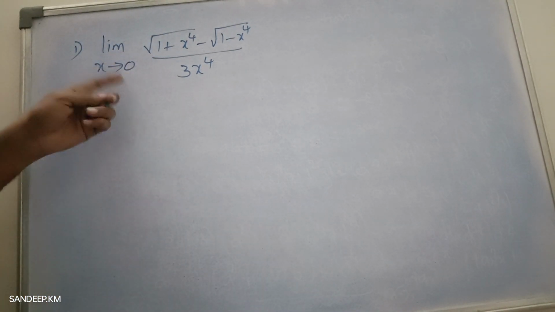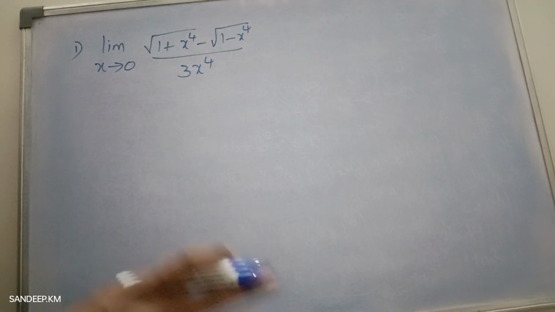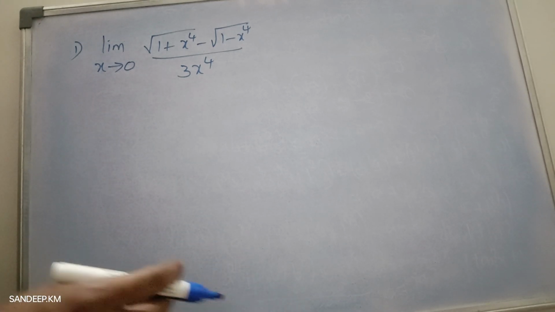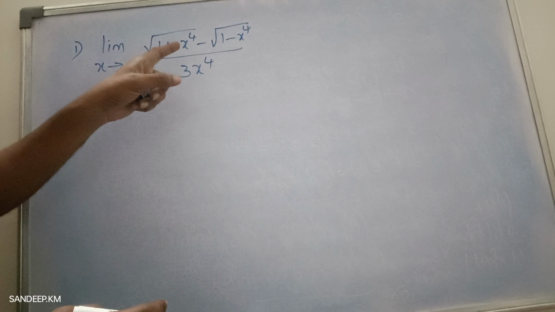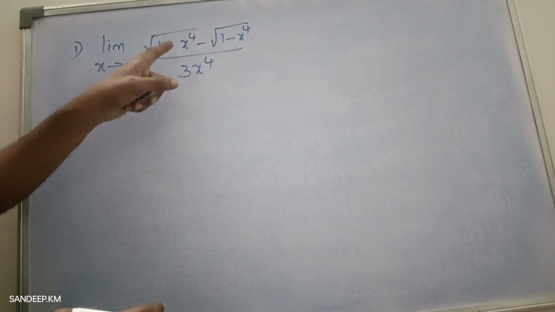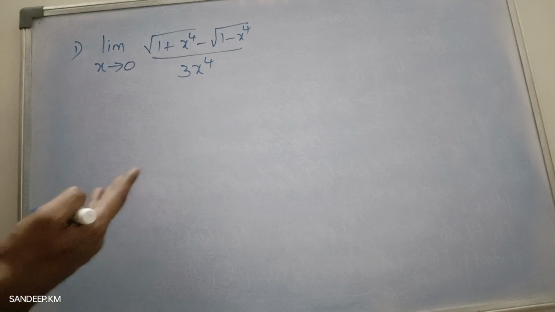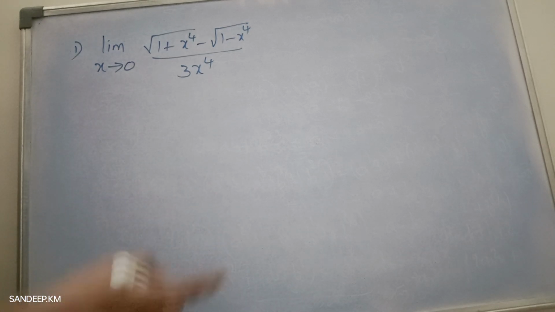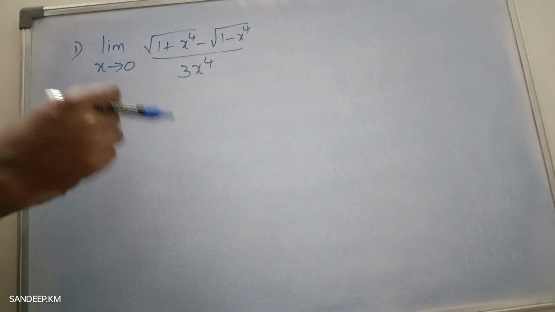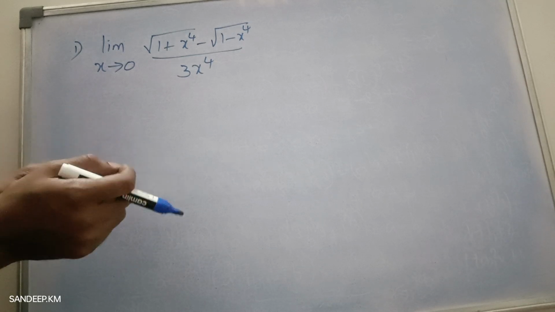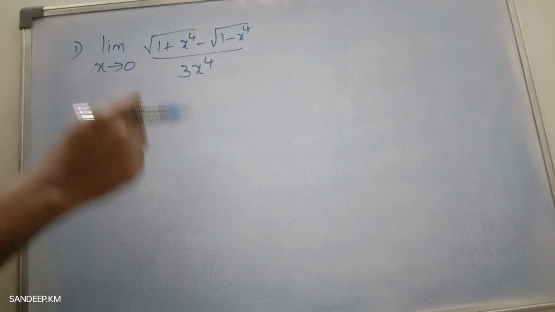Now in this particular question, this is the first question where we are going to use the rationalization method, because obviously the numerator of the function is in the form of root a minus root b, correct or not? But before that, let us see which indeterminate form it is taking. Remember one thing, students, we will choose the method of limits by looking at its indeterminate form.